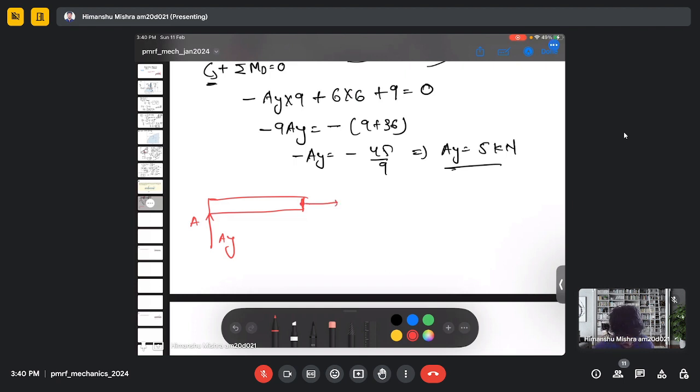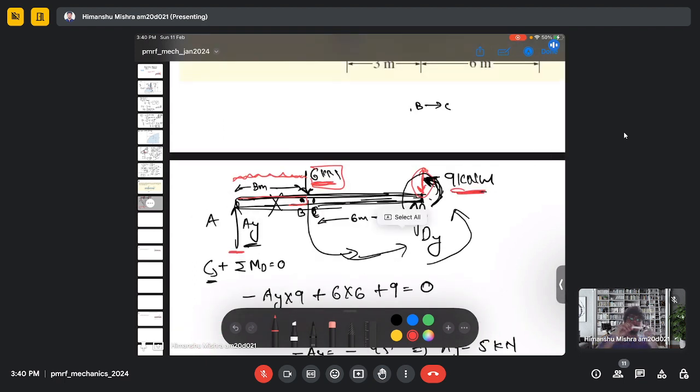There is a horizontal force NB, and vertical force will be VB, and some movement MB. Because what happens, for example, you have this beam and you are putting some force here, so it will create a movement. But the beam will try to resist, and due to this resistance, it will create its own movement.